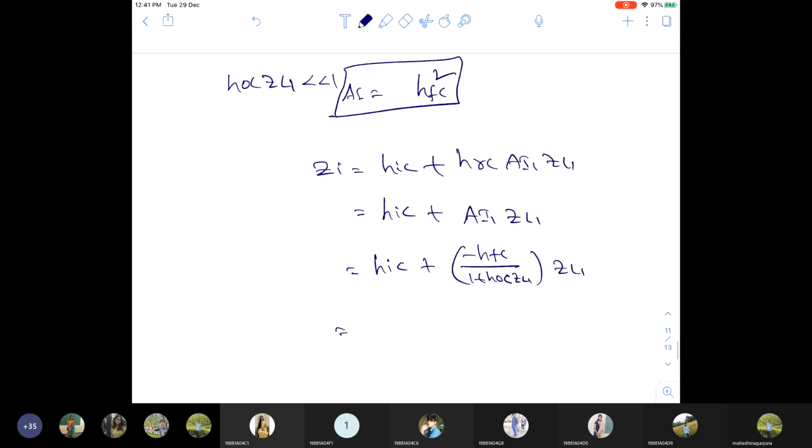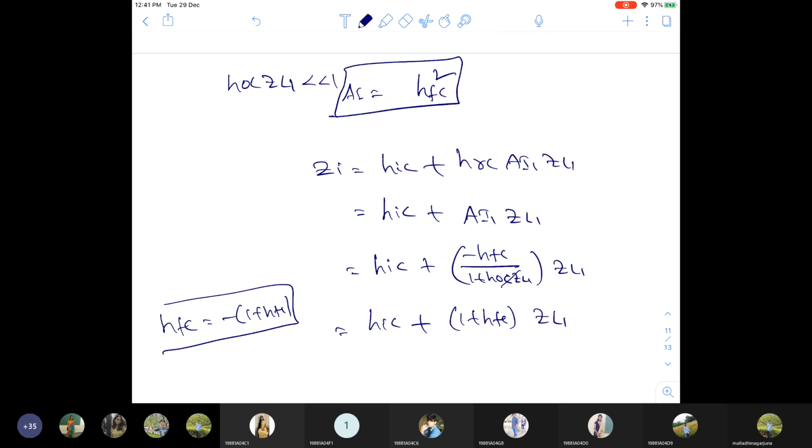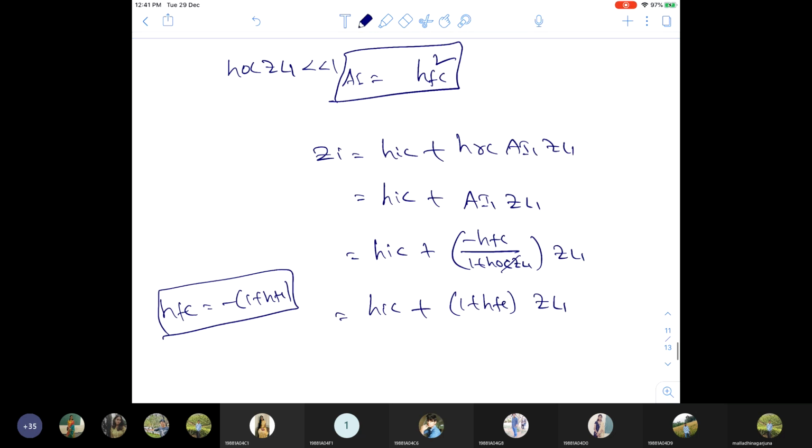We know that this is a negligible amount. So HIC, in the place of minus HFC, I can write 1 plus HFE. So the equivalent HFC equal to minus of 1 plus HFE. This is the basic formula. So this is overall input impedance.